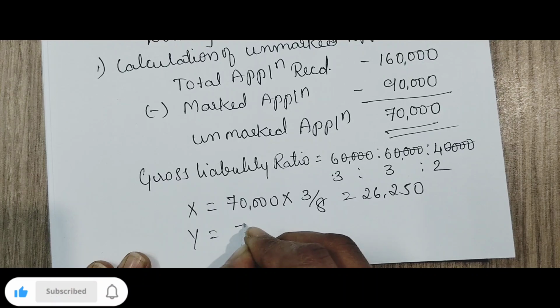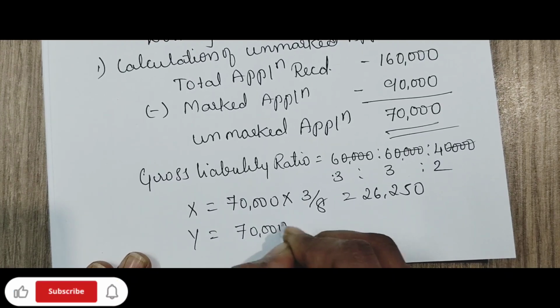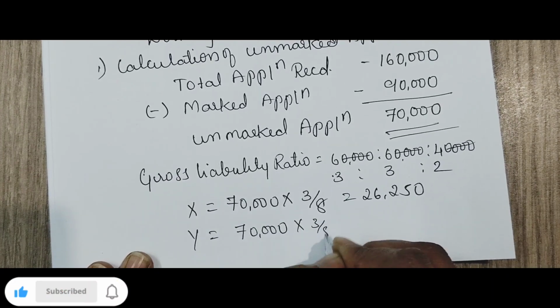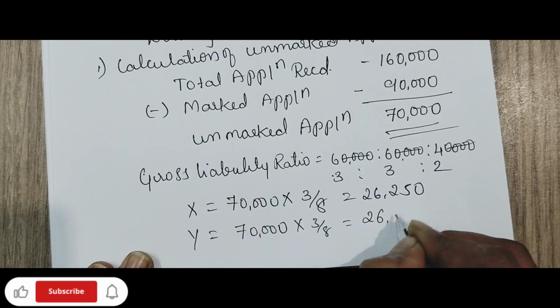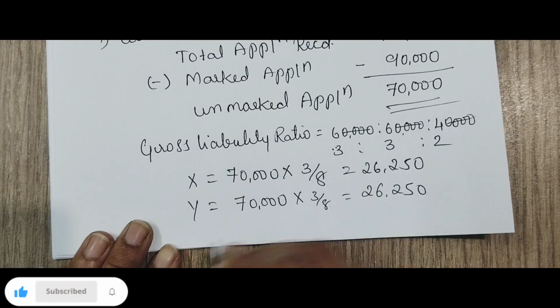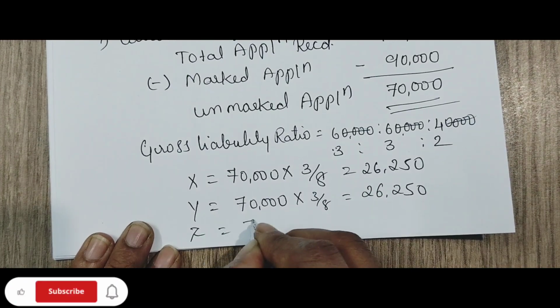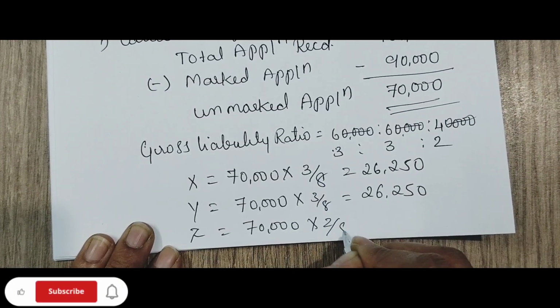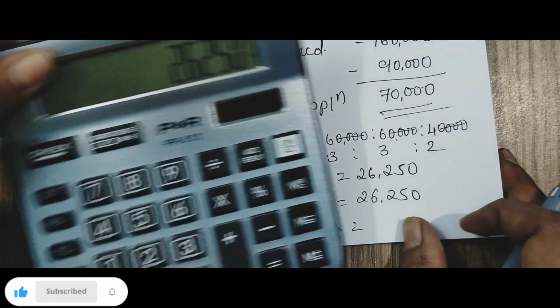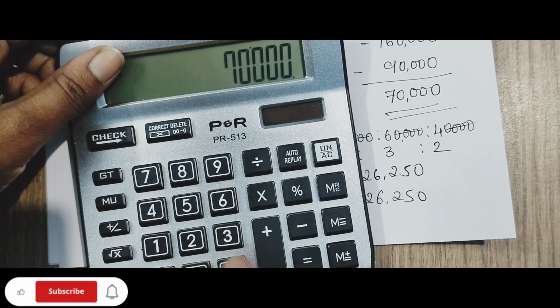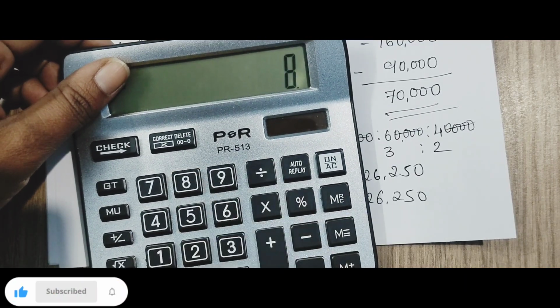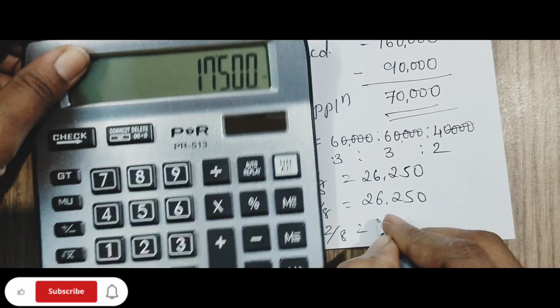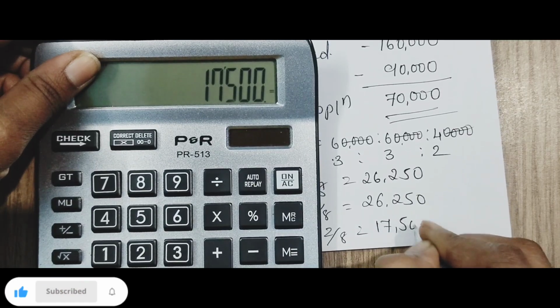For Y also same, 3 by 8, 26,250. For Z, 2 by 8, 70,000 into 2 divided by 8 is 17,500.